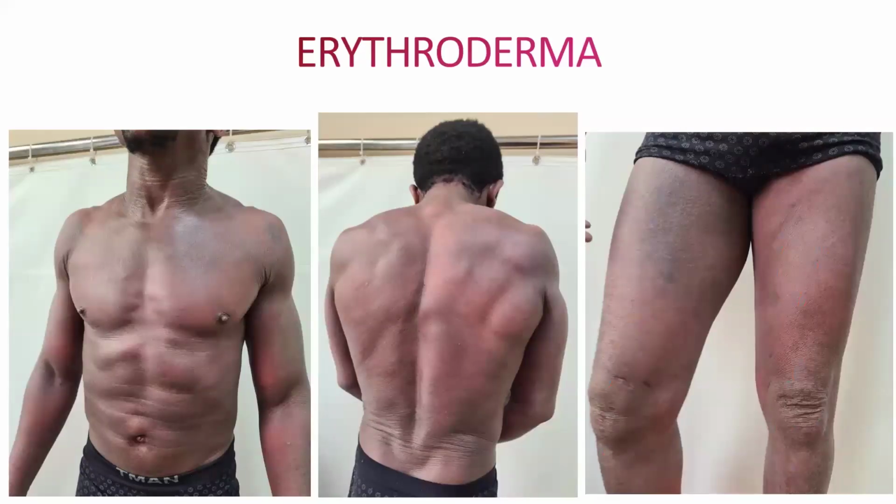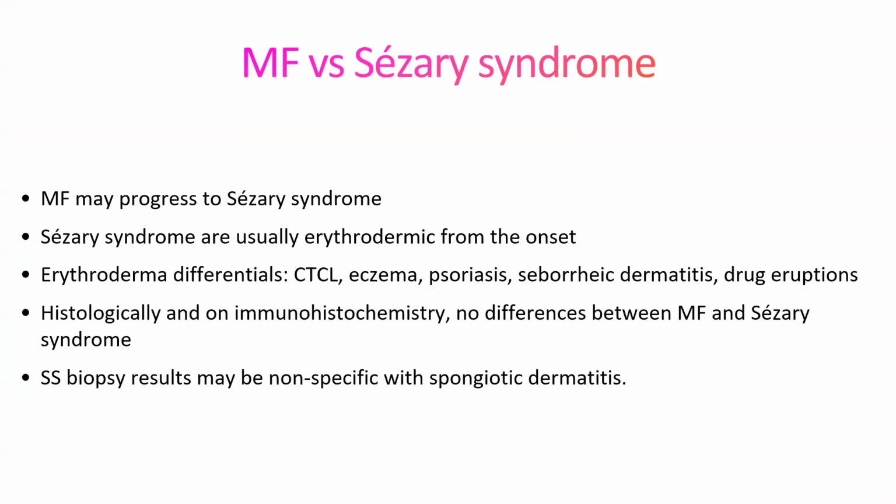Patients present with a typical fiery red, scaly skin that has some lichenification, and it's usually associated with a leonine facies, alopecia, and hyperkeratosis, or thickening of the skin on the palms and the soles. Patients with MF may progress to Sezary syndrome, but patients with Sezary syndrome are usually erythrodermic from the onset.